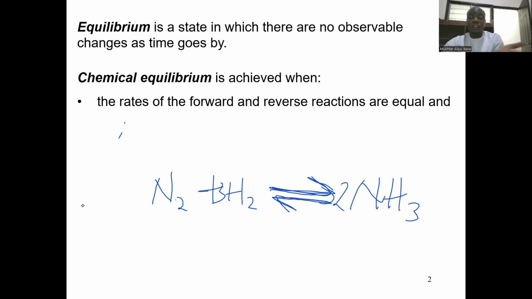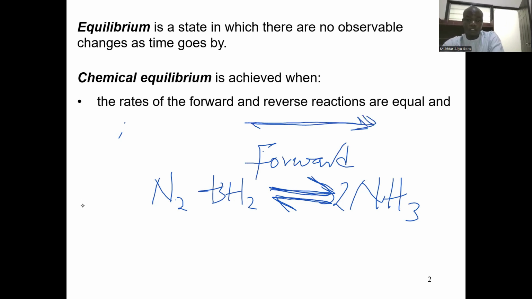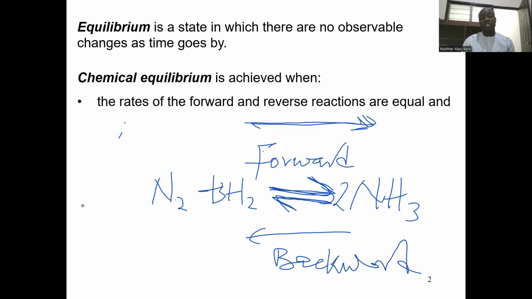So the rate of the forward reaction is equal to the rate of the backward reaction. Chemical equilibrium is achieved when the rates of the forward and backward reactions are equal.